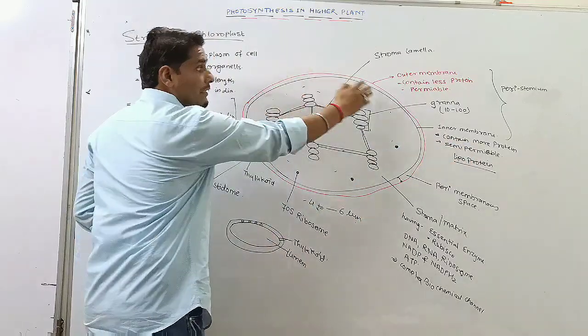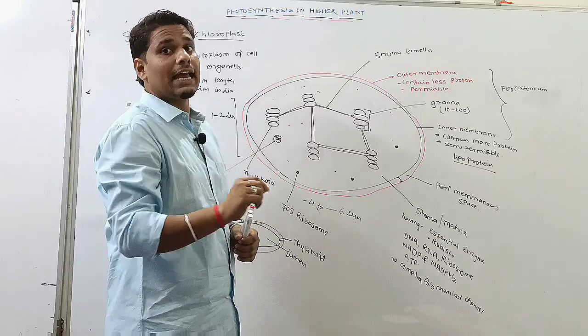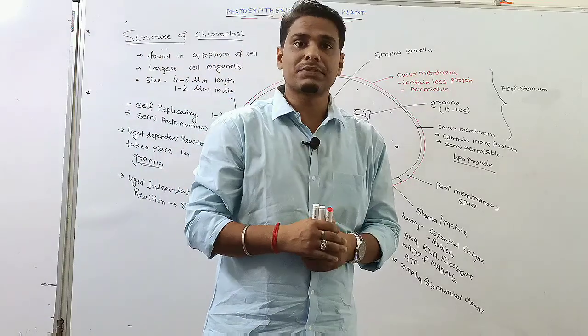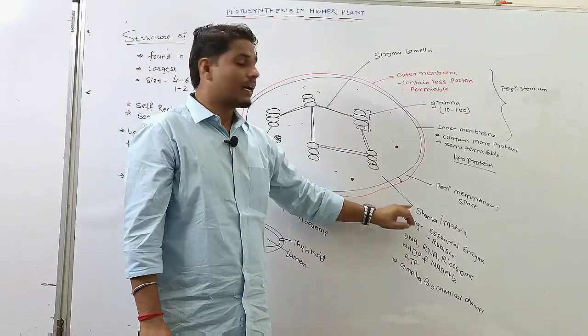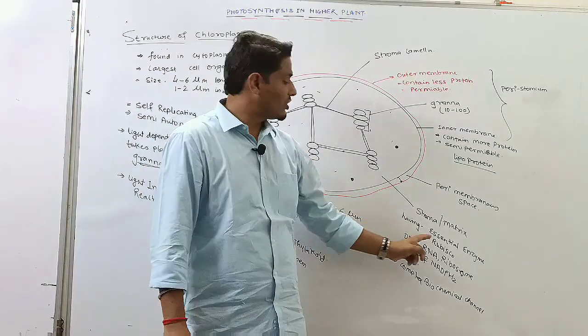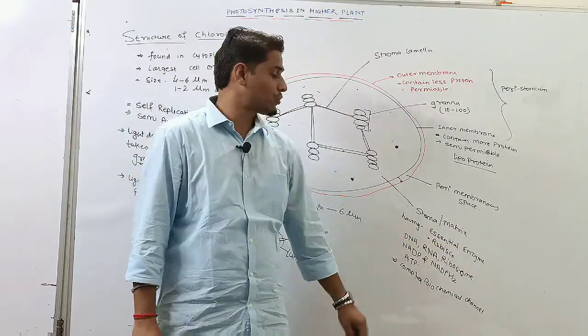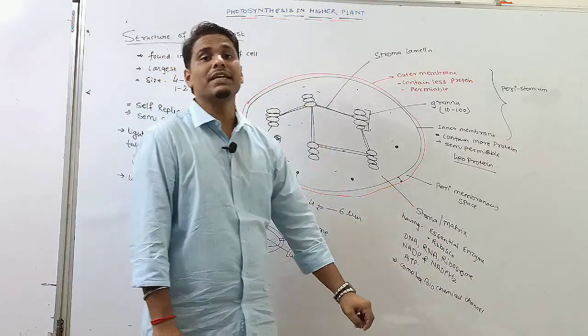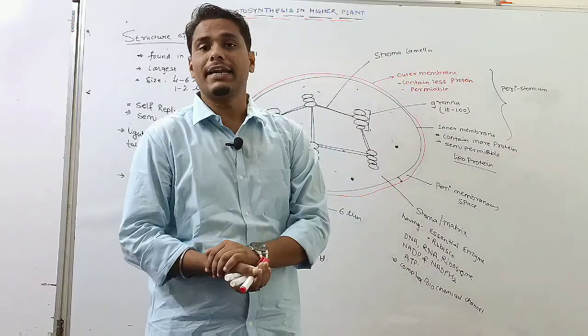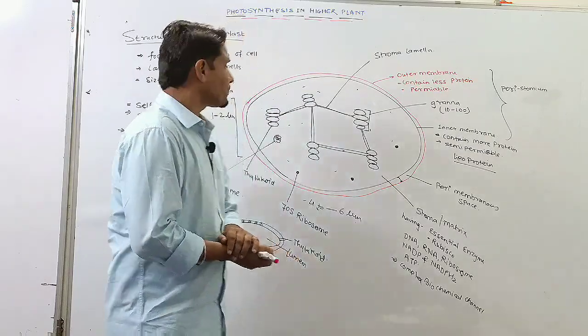Okay, so the jelly-like colloidal proteinaceous substance bounded by membrane is called stroma, and stroma has essential enzyme, that is rubisco, DNA, RNA and ribosome, NADP, and its reducing form NADPH2 and ATP.